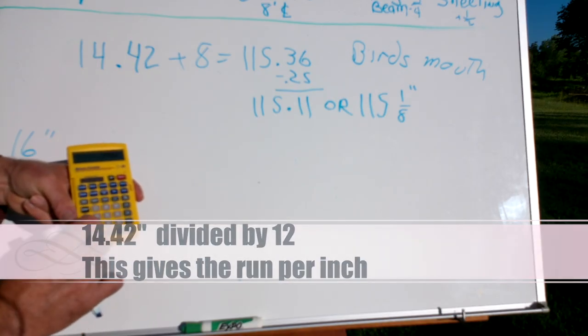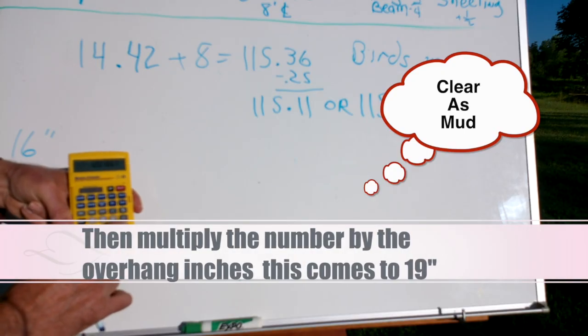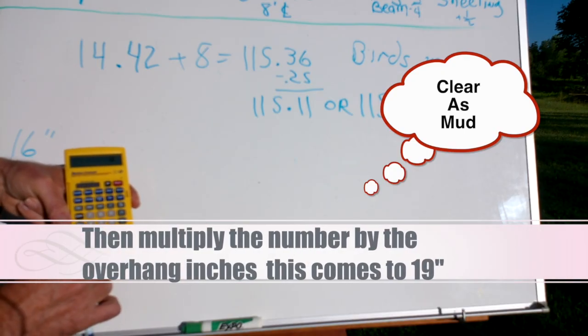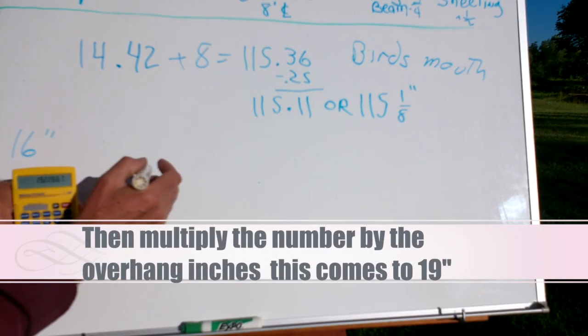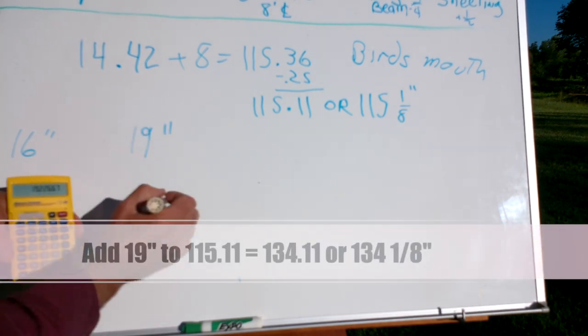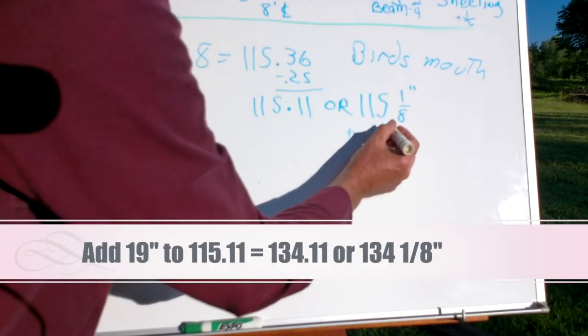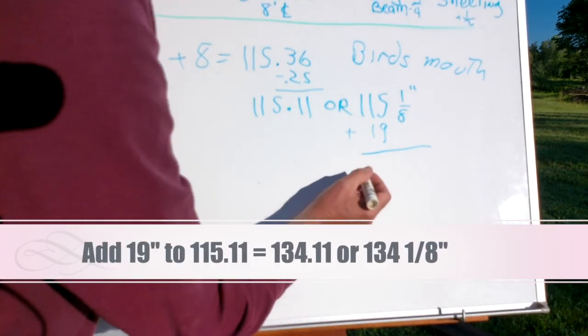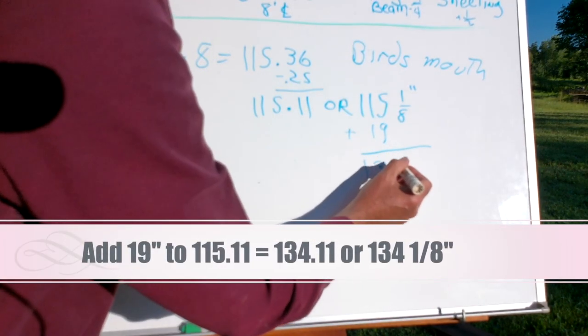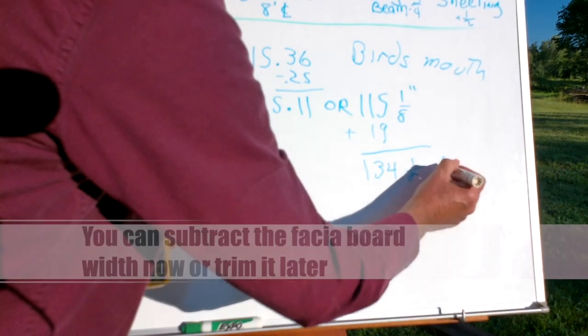You got to divide it by 12. Gives you a number. And you multiply it by 16. It gives you 19. So we're going to add 19. Gives you 134 1/8. That's the total length.